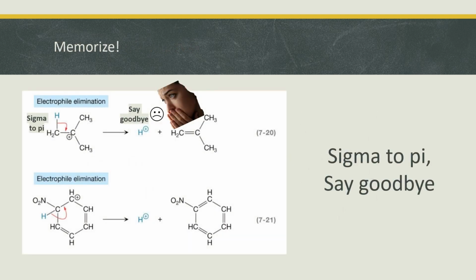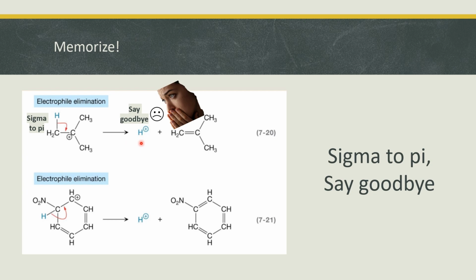To help you memorize what's taking place in electrophilic elimination, I have a little mnemonic device, and it's "sigma to pi, say goodbye." So in electrophilic elimination, we have electrons moving from a sigma bond to the pi bond, so that's the sigma to pi. And then our electrophile is leaving the substrate.